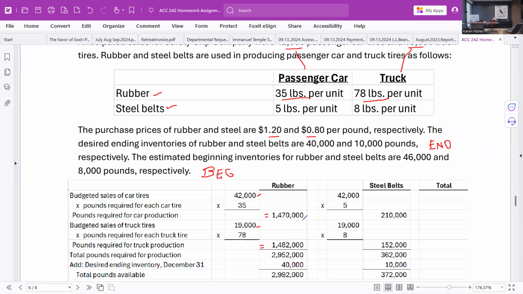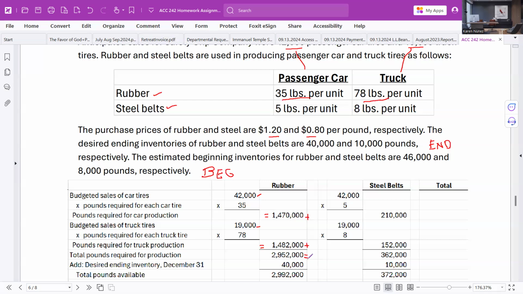So this is the rubber that we need for the passenger car tires, and this is the rubber that we need for the truck tires. Put it all together, and this is the total amount of rubber that we're going to need for the production and sale of these tires, passenger car tires and truck tires.